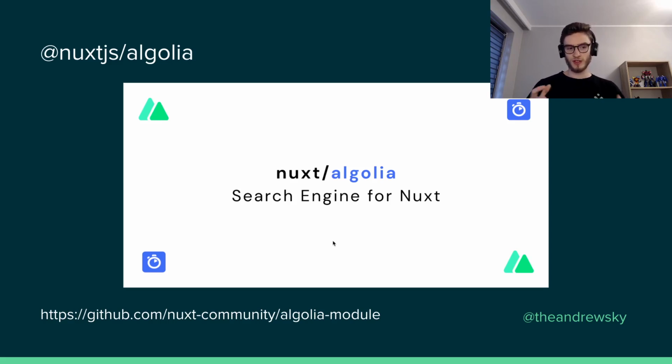So by importing just this nuxt-algolia module, you have access to the Algolia API, so you can search very quickly and get the results. And you also have access to the components. So by importing the module, you have the components and the data from the search, nothing else is needed.